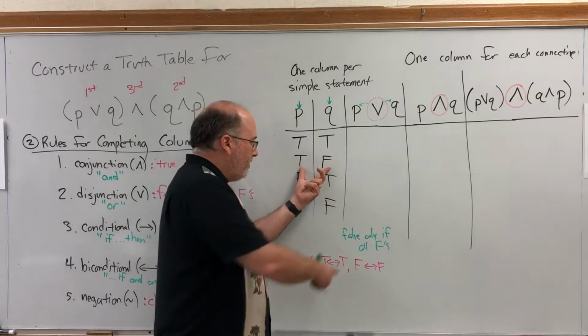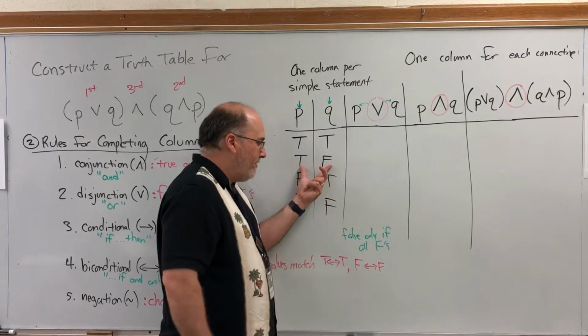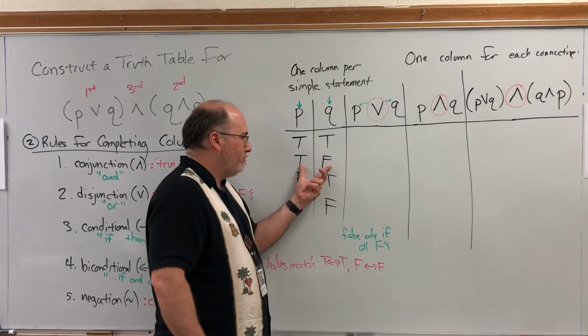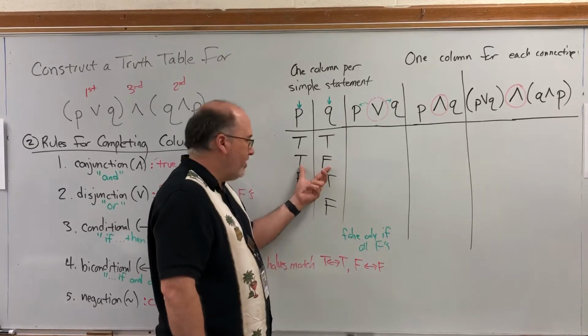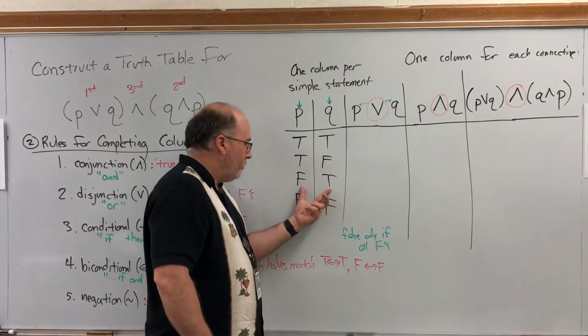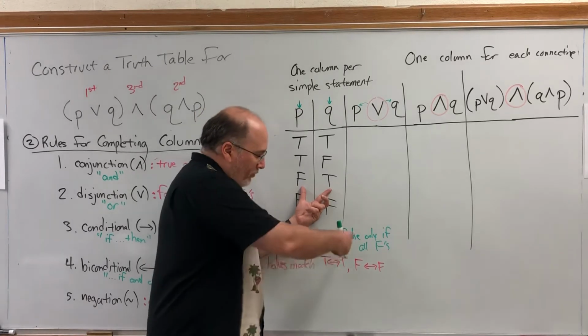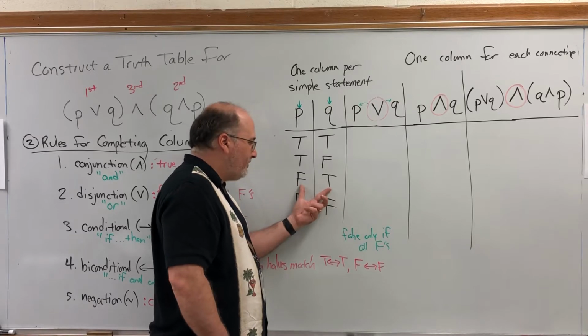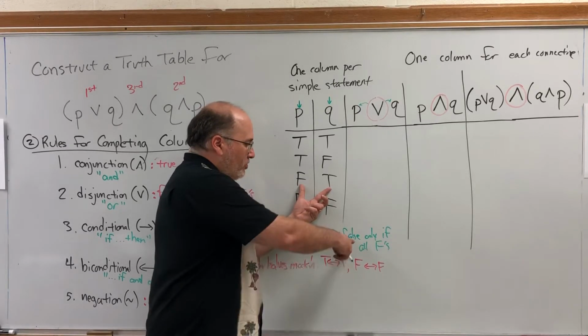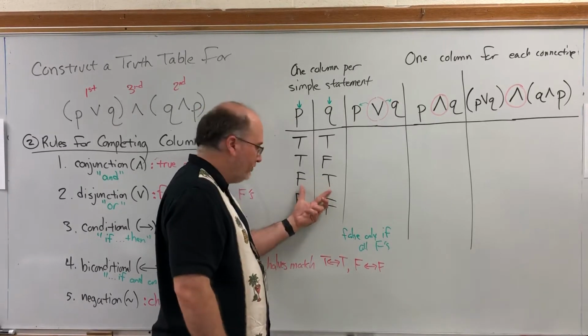T and F. The rule is false only if all F's. Are these all F's? No. This rule does not apply to that row. Go to the next row. FT. The rule, false only if all F's. Are these all F's? No. This rule does not apply to this row.